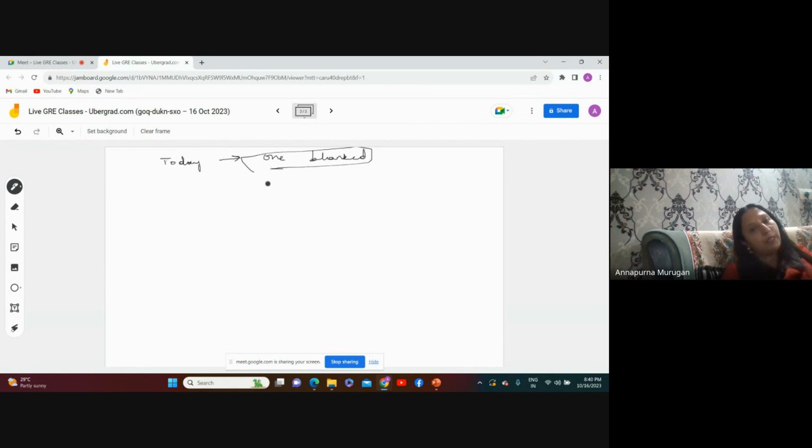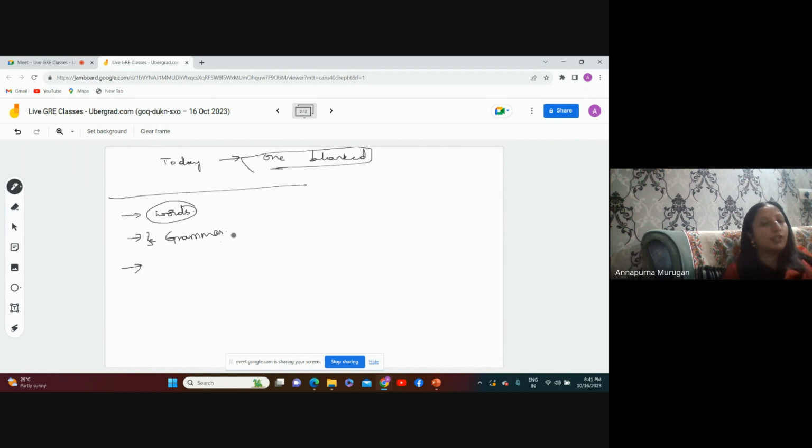When you are doing text completion, I have certain things for you to practice. Keep aware of words. Start working on the words. Then start looking out for the grammar part of the sentence.